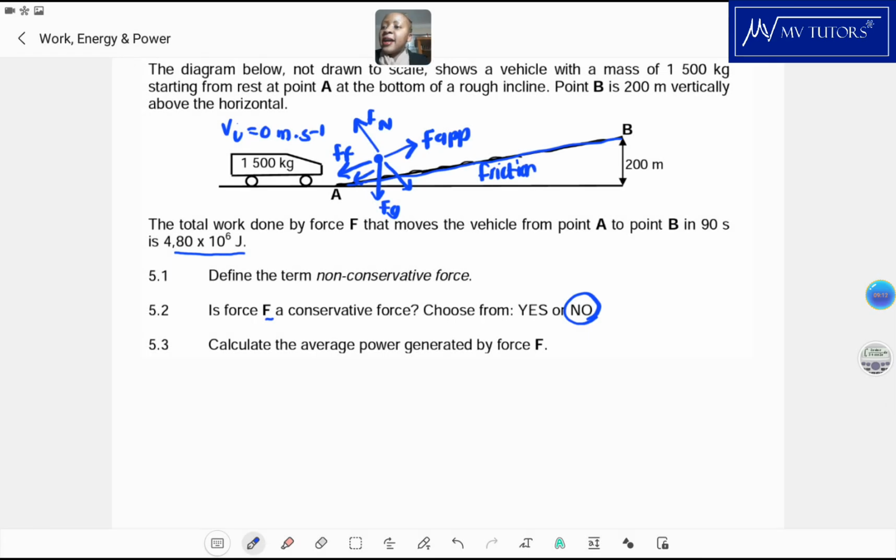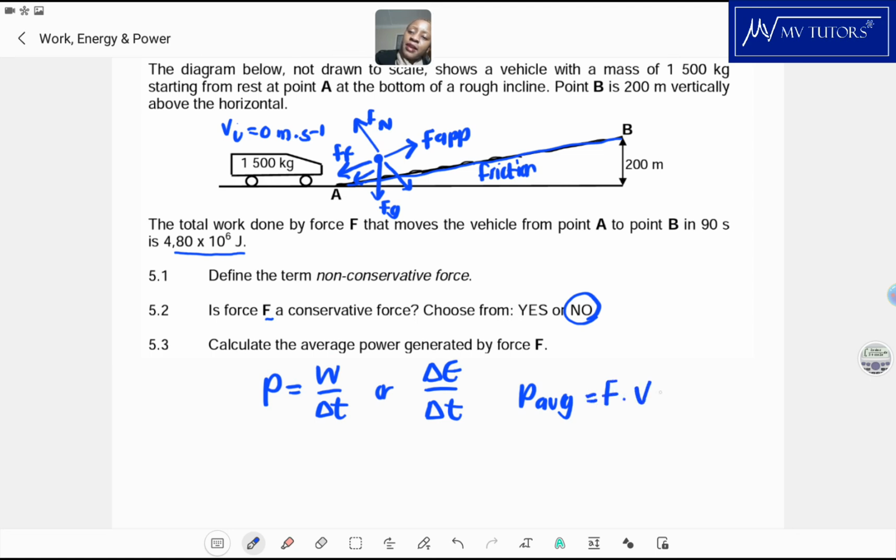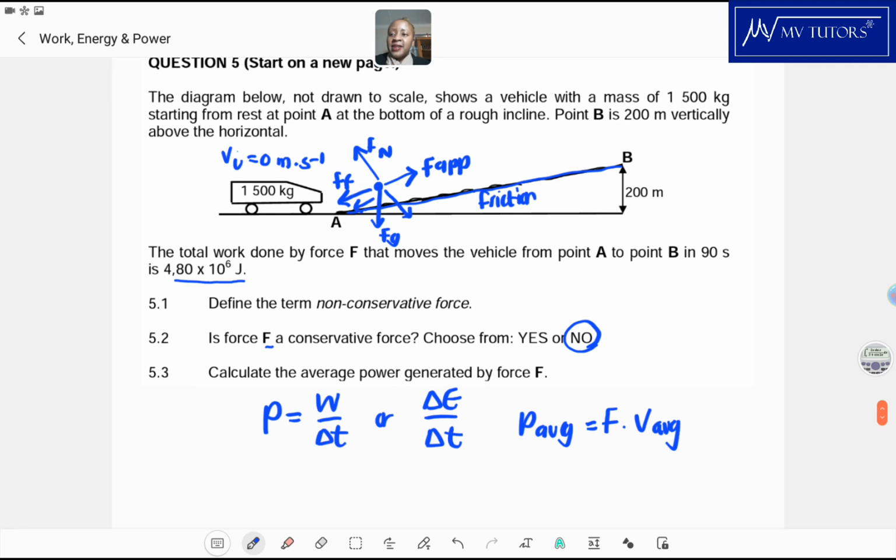With the information given, we know that power is equal to work done over delta T, or the change in energy over delta T, or we have average power, which is derived from that equation as well: the force times the average velocity. So depending on what information they've given you, use that. What have they given us, guys? They've given us the total work done by F and the time.